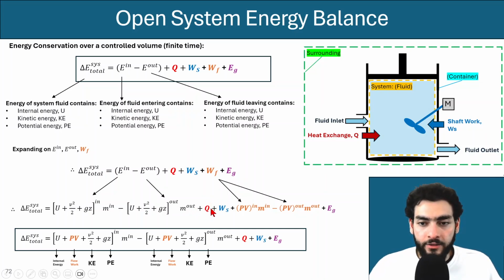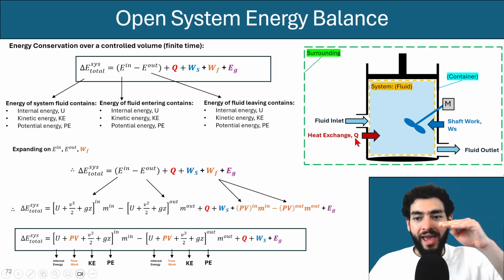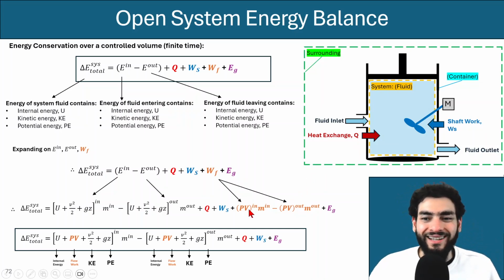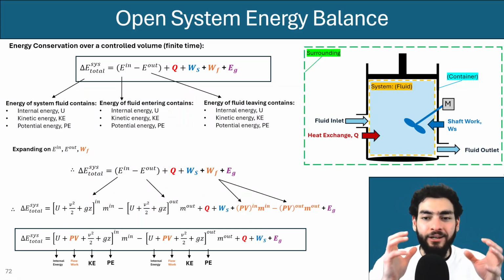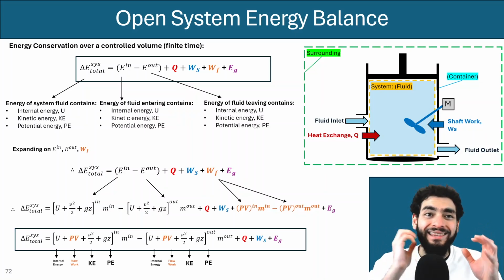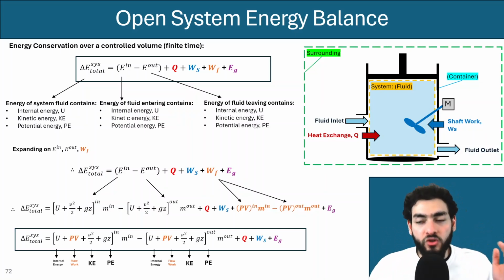And then obviously you have the same term here, which is the heat that is being added or removed from the system plus the shaft work. Now, flow work is represented as the pressure at the boundary through which the mass flow is trying to enter, multiplied by the volumetric density of the fluid that's entering. And obviously you multiply that with the mass flow rate of the fluid that's entering, and you'd get the inlet flow work that is required so that the fluid enters the system.